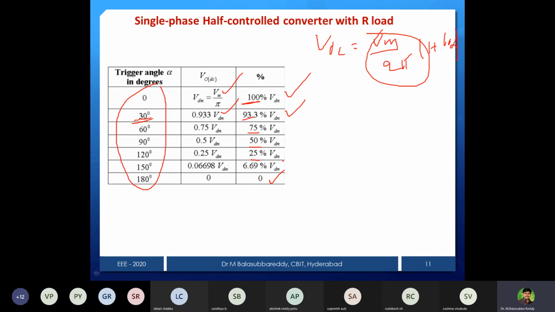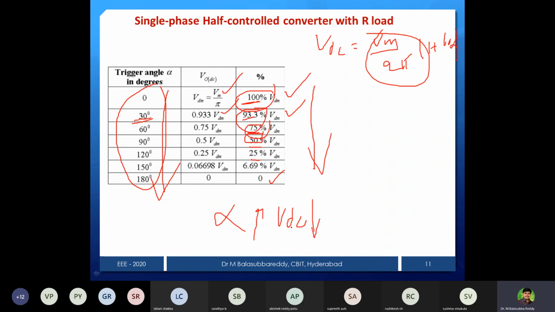So from this, what is our analysis? By increasing the alpha, 0, 30 and so on, your output voltage is going to decrease. Now you can see 100, then 90, 75, 50 and so on, finally it reaches 0. So as alpha increases, your VDC decreases.